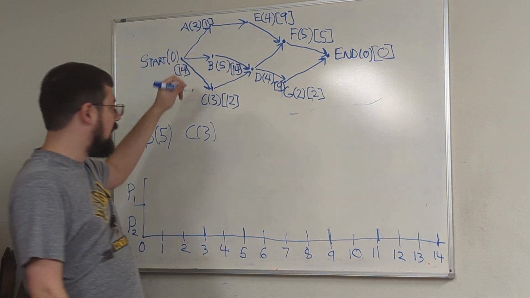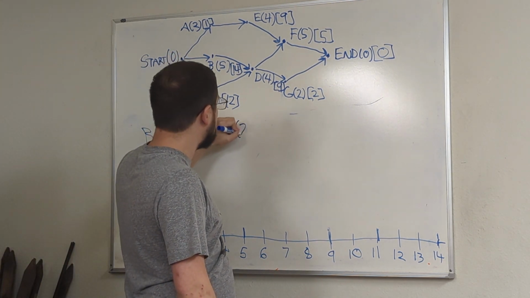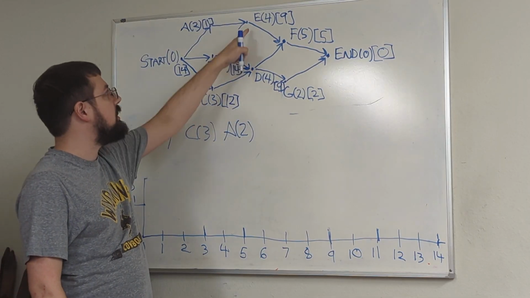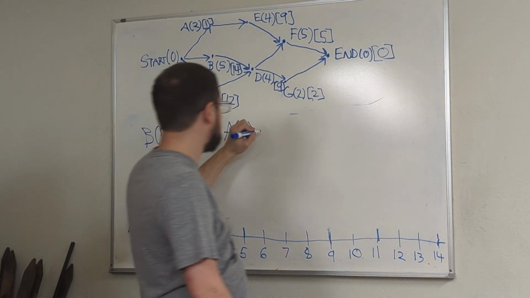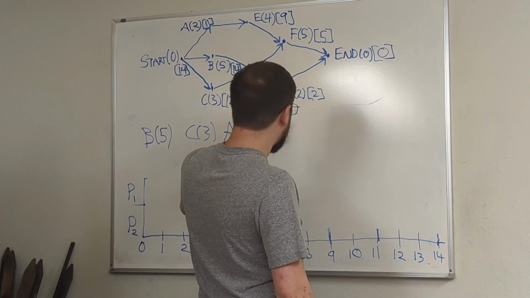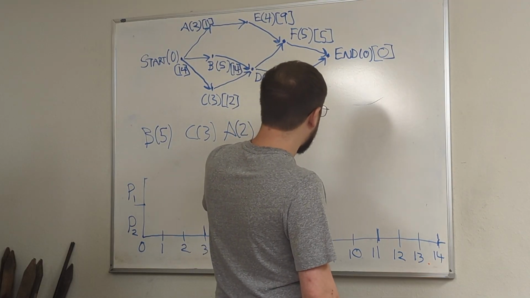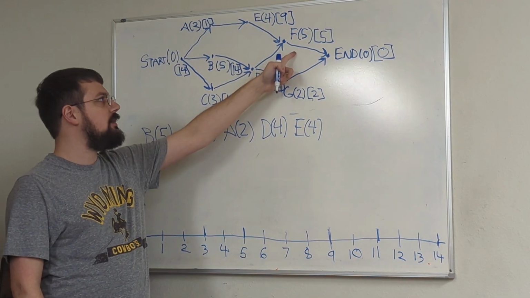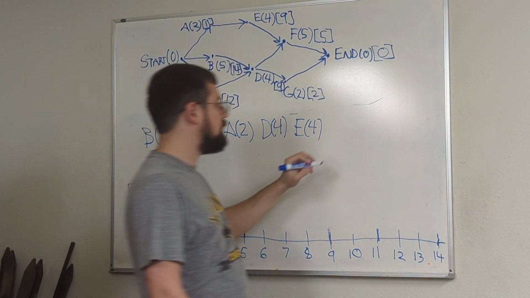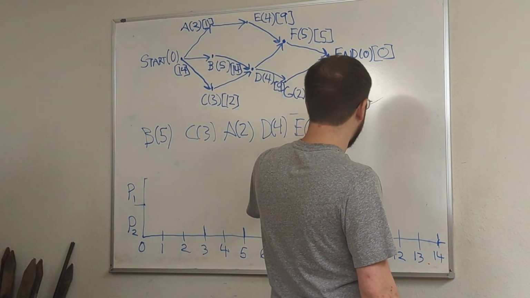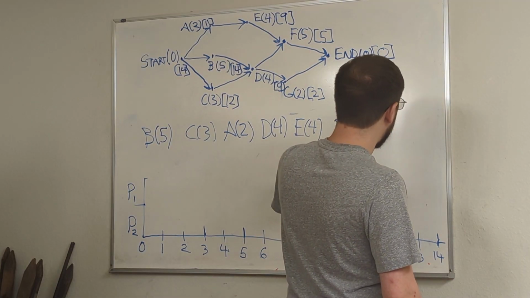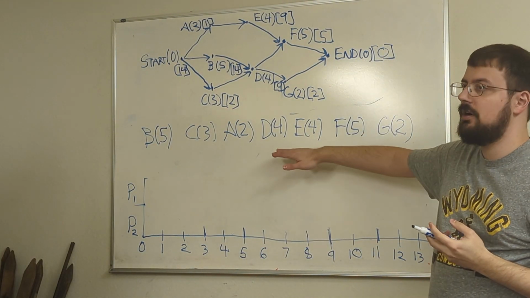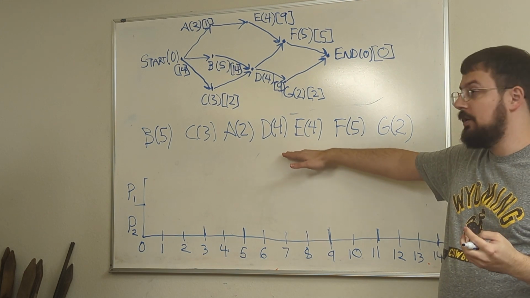Then A2 at 11. And then we have a tie between D4 and E4, both at 9. And then next we have F5 and then G2. So we would call this our critical path priority list.